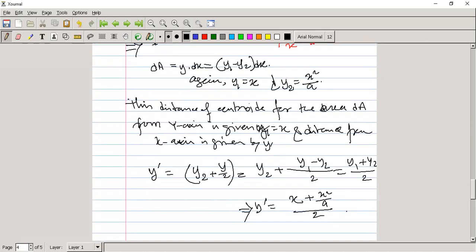Okay, one thing actually I have not written here. If this is y1, if this is y2, then the area is nothing but x minus x square by a dx.